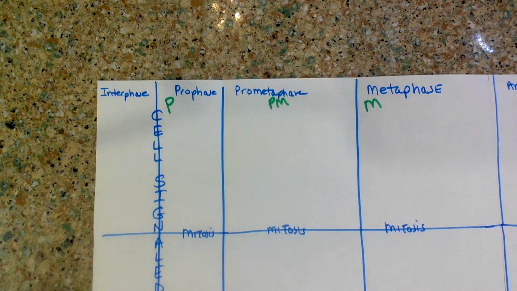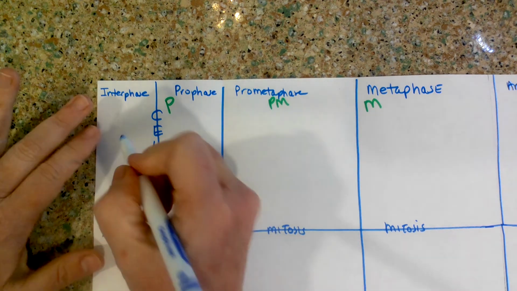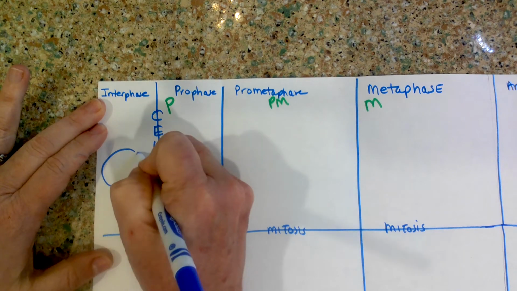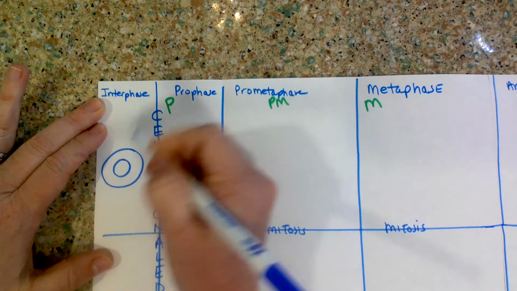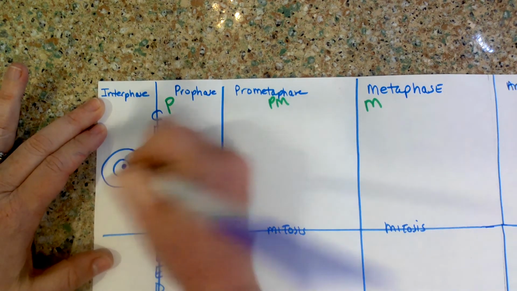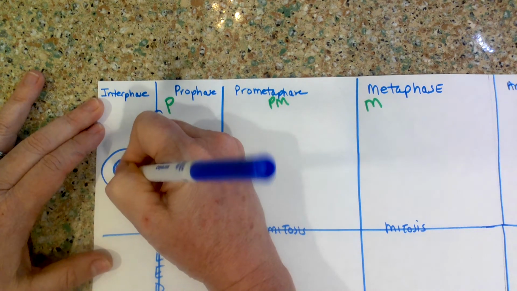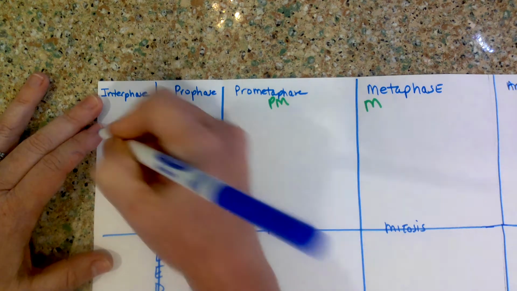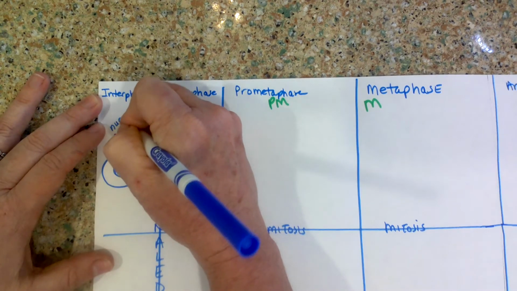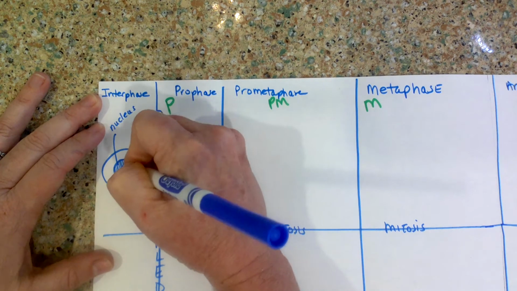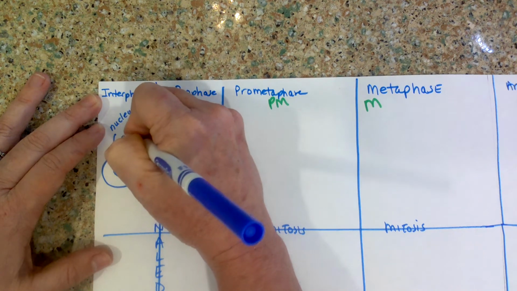So when a cell is in interphase, that's when it's working and it's doing its job. So if you were to look at it under a microscope, it would have a dark spot inside the nucleus, and then the nucleus would also be shaded in. Okay, so this is our nucleus, and this dark spot is called the nucleolus.